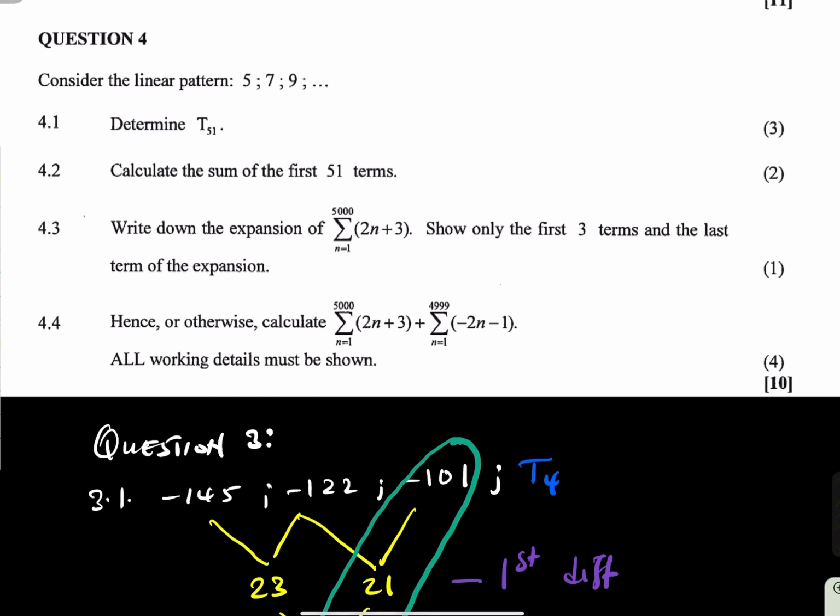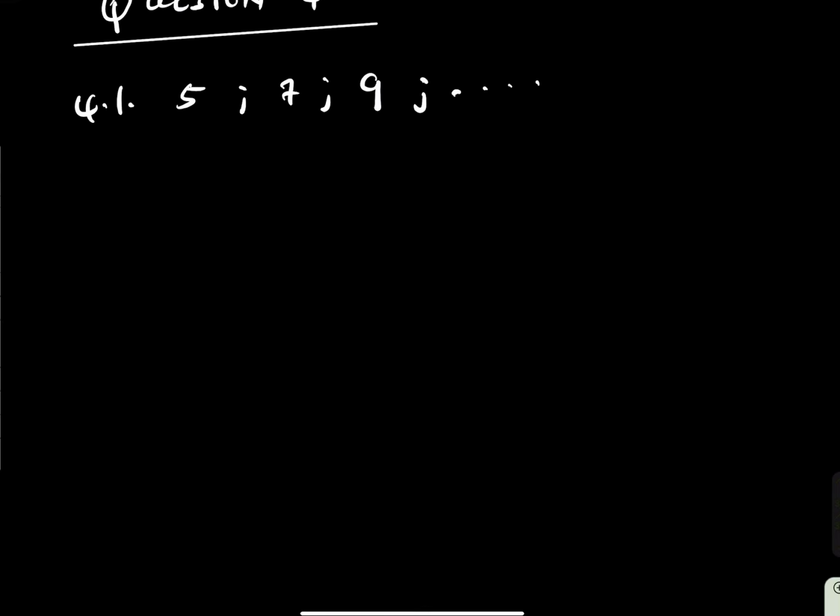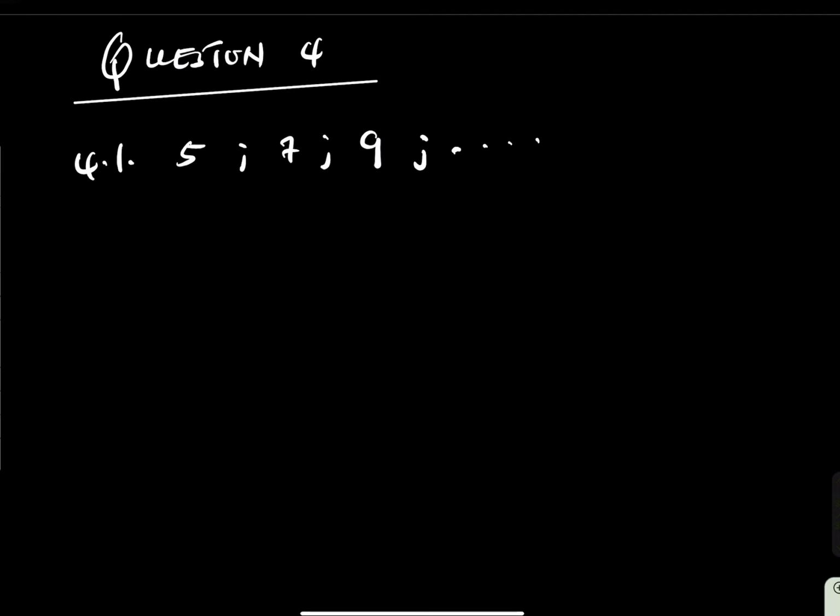Calculate T51. It's 3 marks, so it's important that you check the marks. Remember that this is your arithmetic progression or linear pattern, so you will get the difference, and it must be the same. You get 2 as a difference. All right.